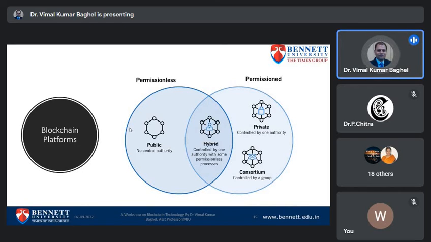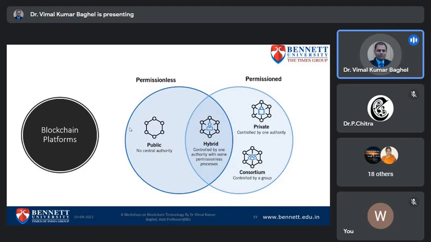For example, we have the employees of an organization. If the employer wants, only the employees should be part of that blockchain. So there is a system of authentication. A private blockchain requires some single central authority, but a public one does not require any central authority. For example, your Bitcoin trading or Ether trading or the Ethereum blockchain deployment.